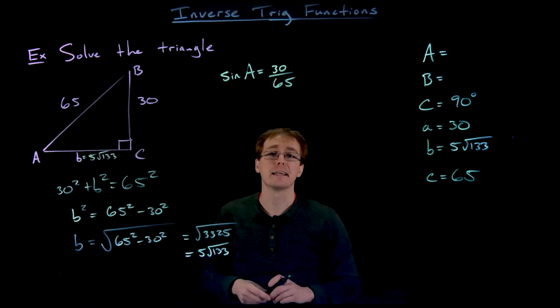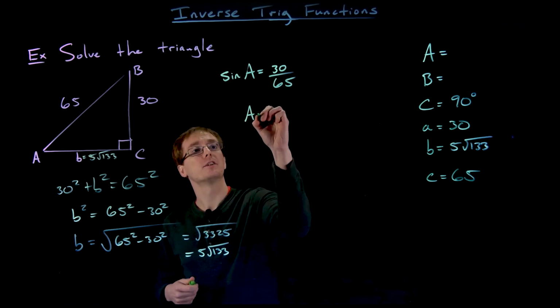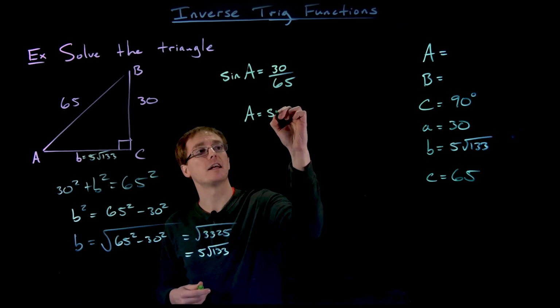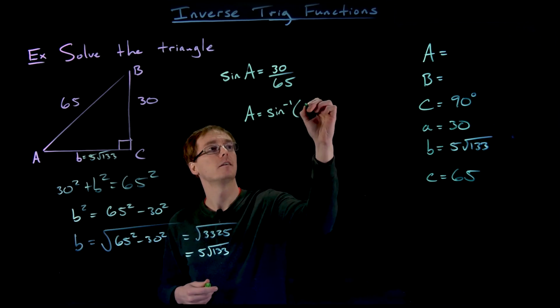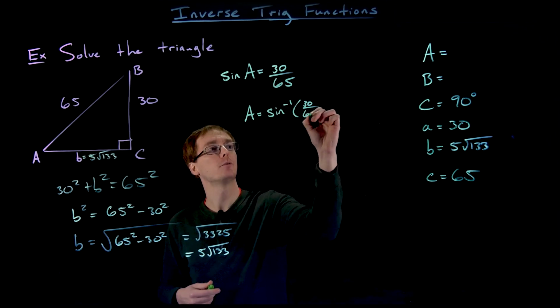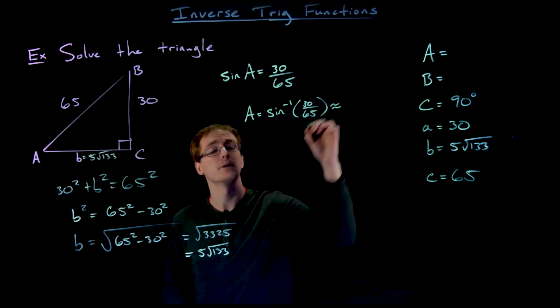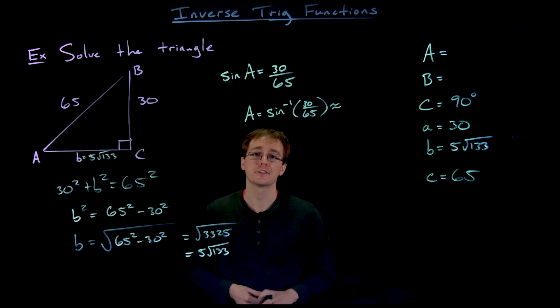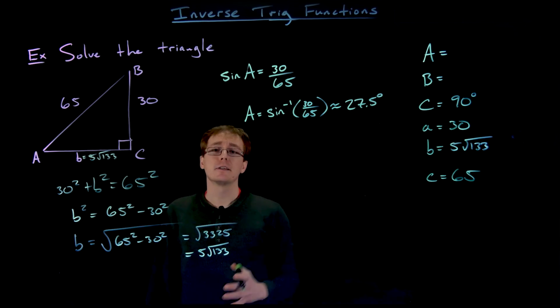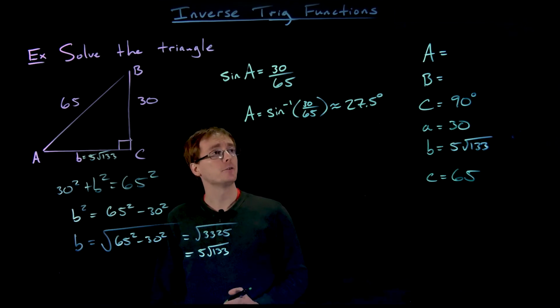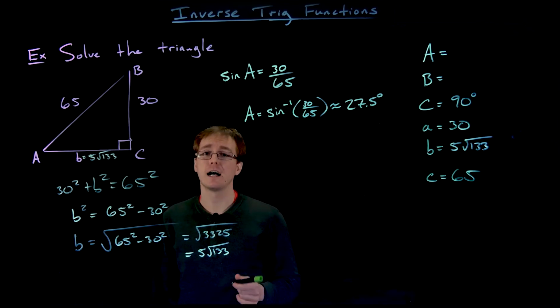So now how do we find A itself? We just take sine inverse of each side of our equation, and we find that A is equal to exactly sine inverse of 30 over 65. But here we're going to want to round our answer. And if we use our calculators to assist us in rounding this value, we get about 27.5 degrees.